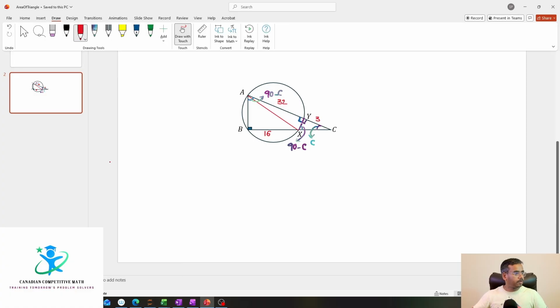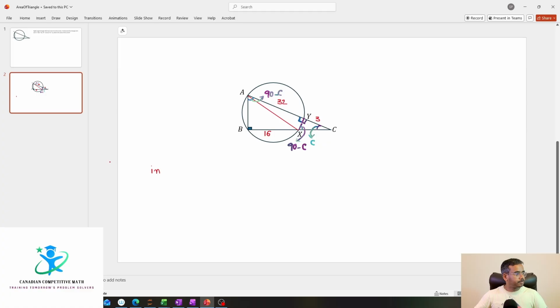I have in triangle ABC, BC equal to 16 plus XC, equal to 16 plus 5, equal to 21. But I need to find out what AX is to find the area.